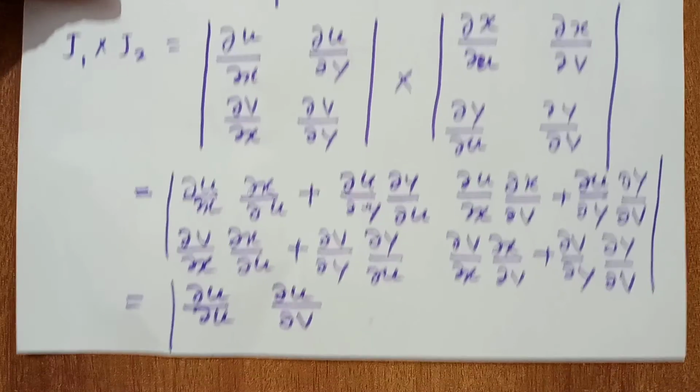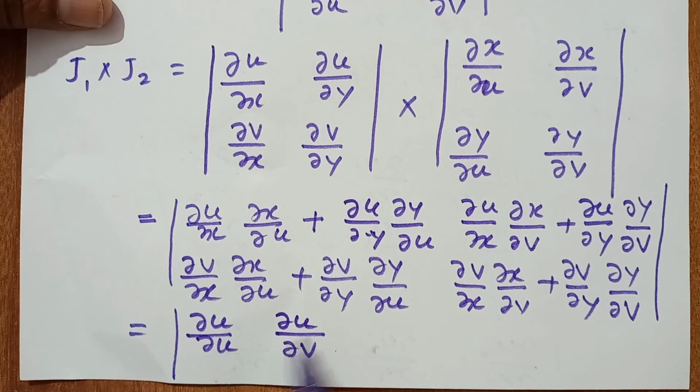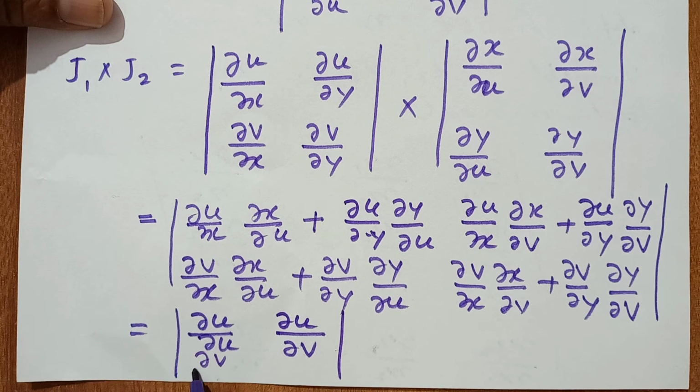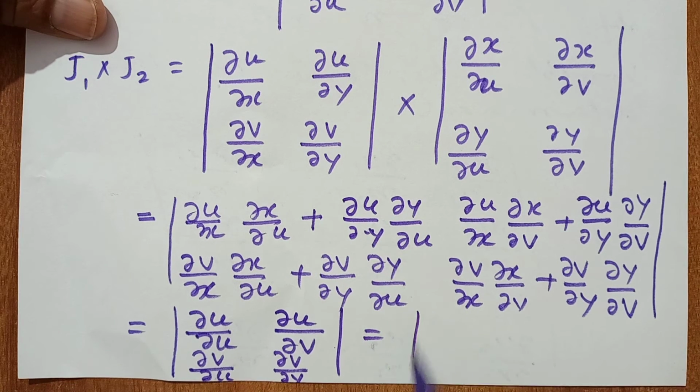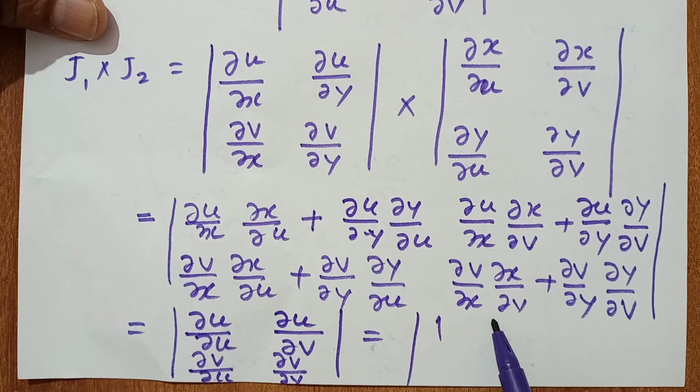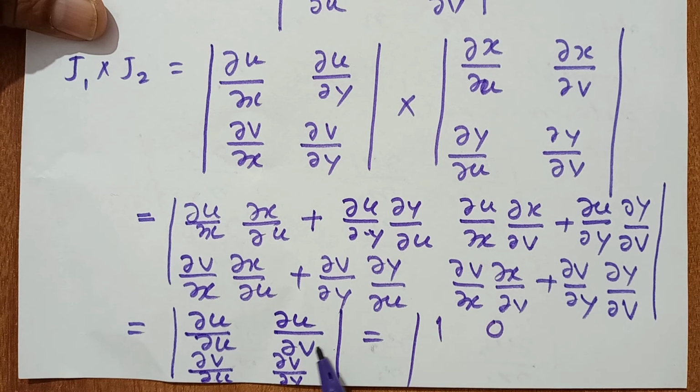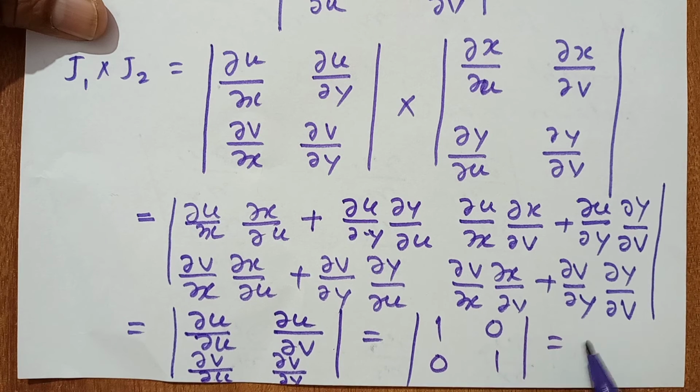And here in the second row del v upon del u, here del v upon del v. Okay, so this is del u upon del u is 1, del u upon del v is 0, because u and v are independent. So here 0 and here 1. So this is 1.